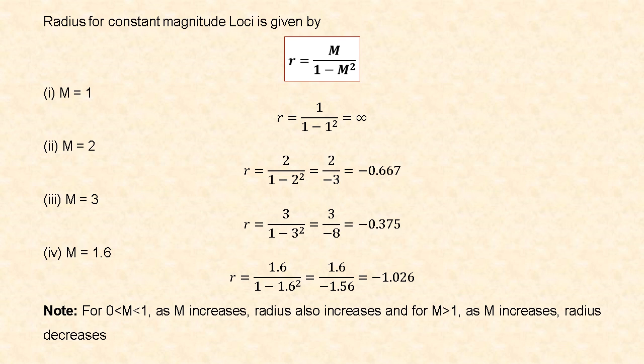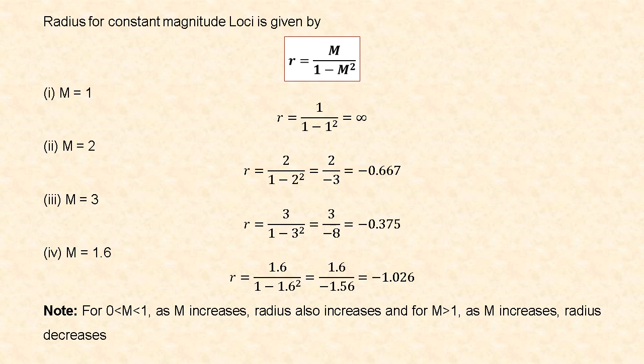Similarly, for M is equal to 1.6, we have R is equal to 1.6 by 1 minus 1.6 square, which is equal to 1.6 divided by minus 1.56, which is equal to minus 1.026. Important note is that for M ranging from 0 to 1, that is M less than 1, as M increases, the radius also increases.